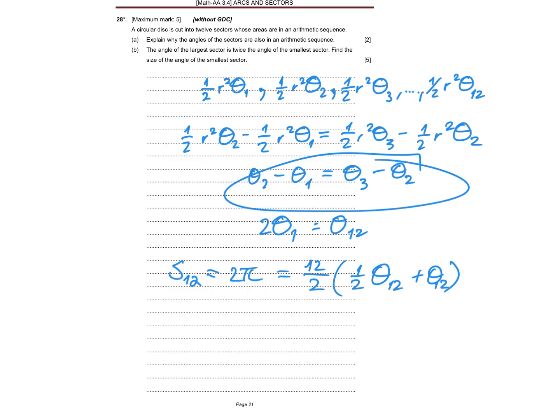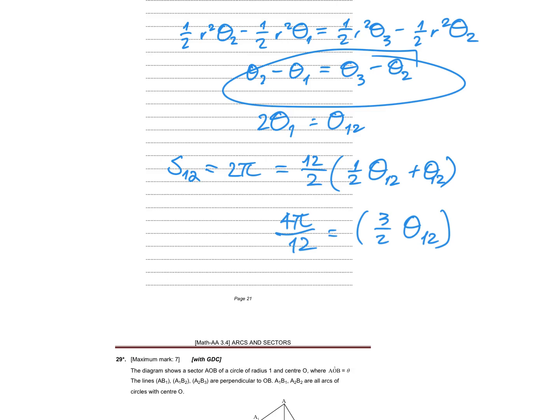So if we multiply by 2, that's 4 pi over 12, and that equals 3 over 2 theta 12. So if we multiply by 2 and divide by 3, 8 pi over 36 is theta 12.